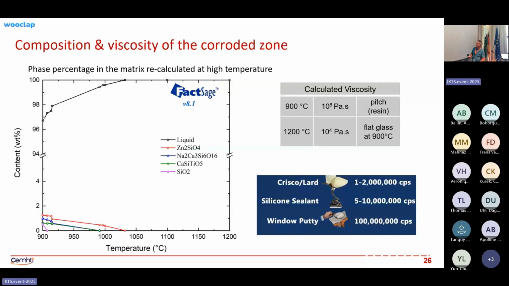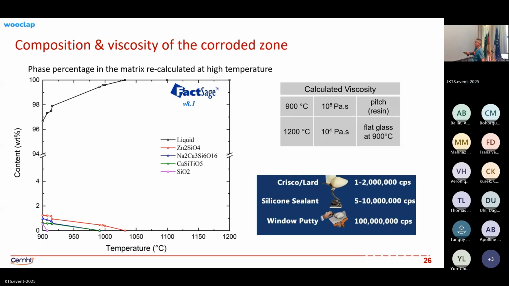We performed some calculation from this composition in this zone, and we observe that we have liquid phase and solid phases here. What we also did, we calculated the viscosity of this liquid, and now we observe a very high viscosity compared to the viscosity of the deposit alone.